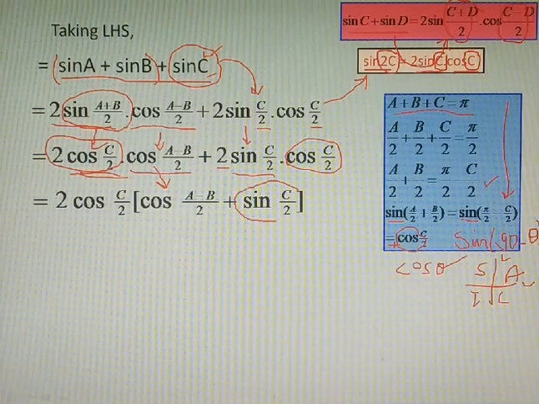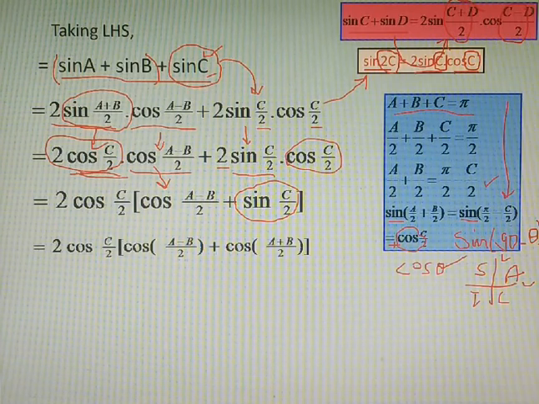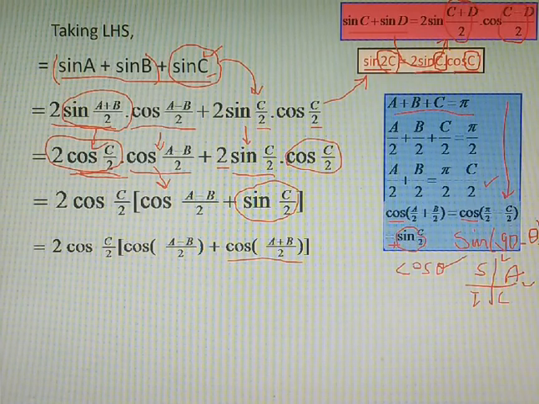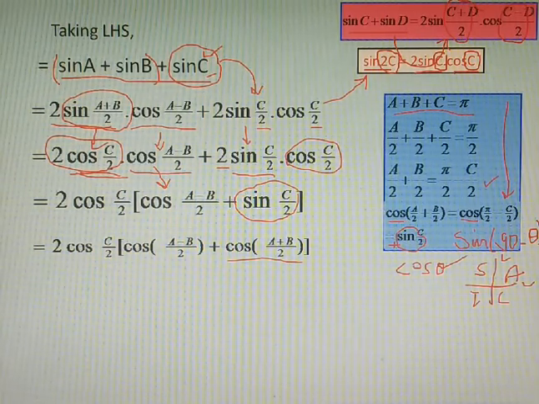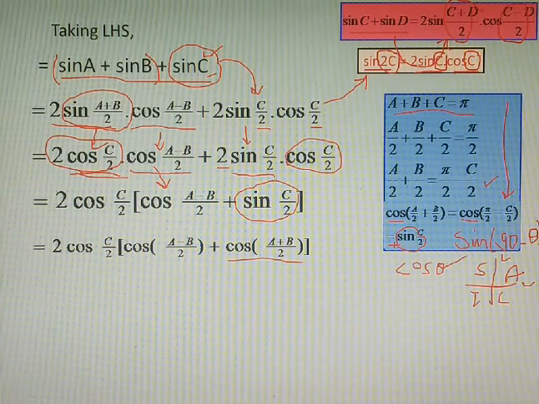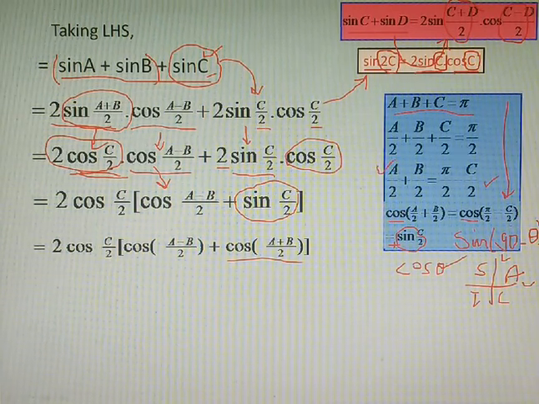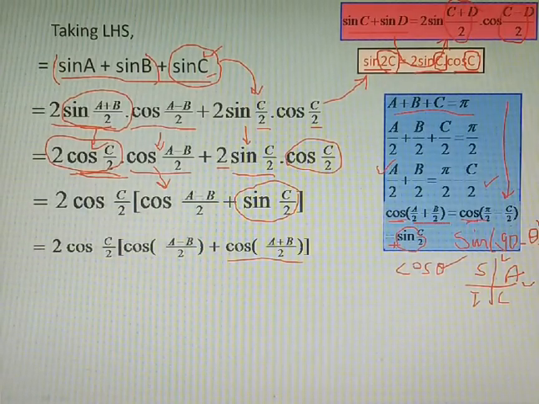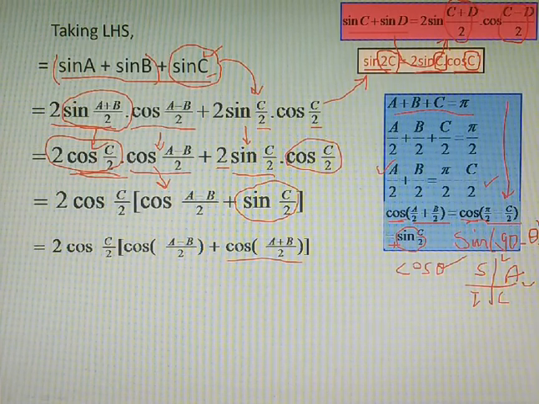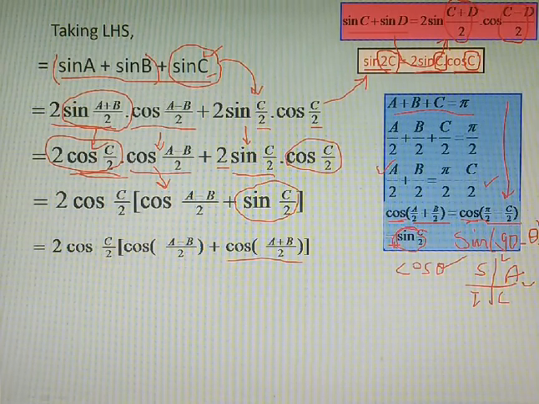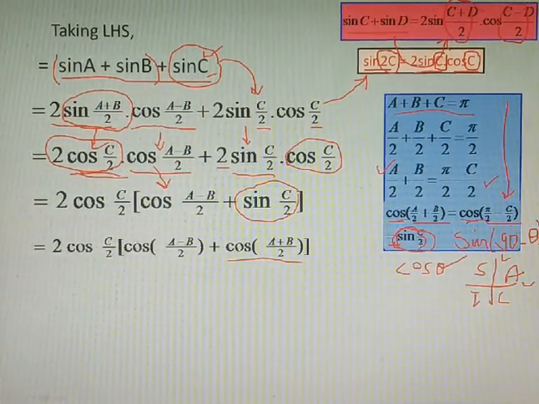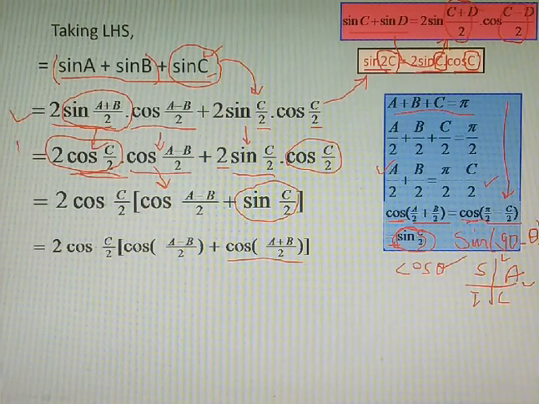Now this sine C by 2 can be converted into cos (A plus B) by 2 following the next formula that is similar to this box, like cos (A by 2 plus B by 2) is equal to cos (pi by 2 minus C by 2), which can be written as sine C by 2. So it is the same process that we have followed in the second step and third step here.